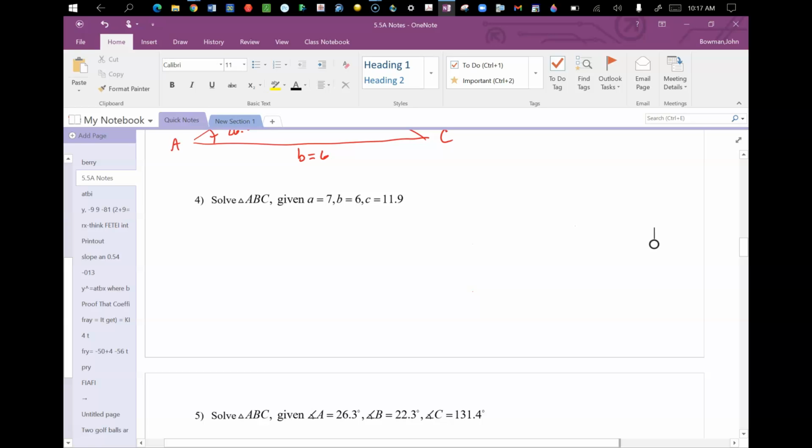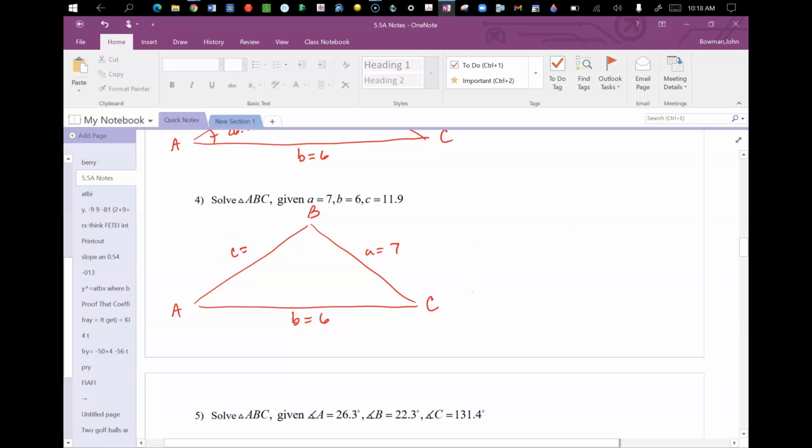Triangle number 4. In this particular triangle, we have the following information. Let's label our triangle. Again, A, B, C, probably not drawn to scale. A is equal to 7, B is equal to 6, and C is equal to 11.9.